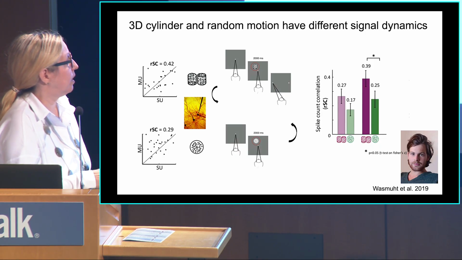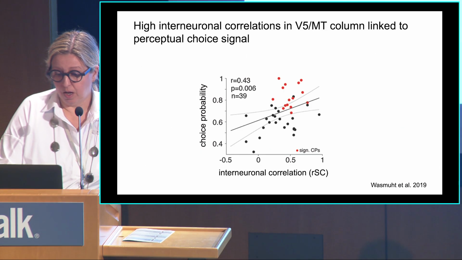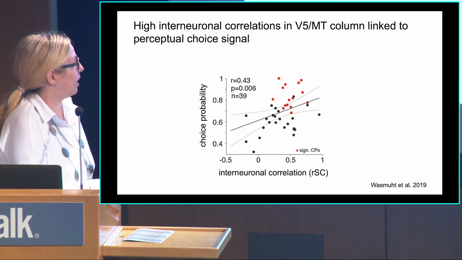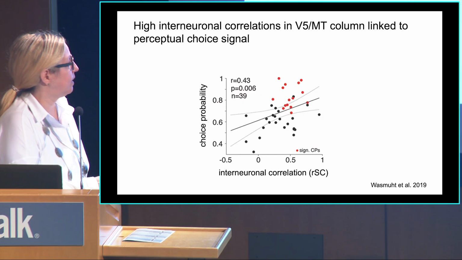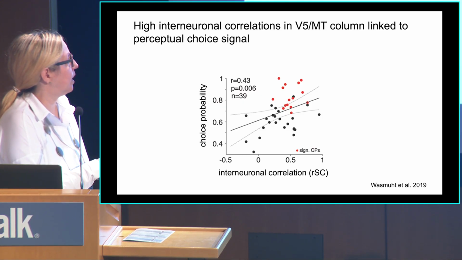And this holds across the sites for 2 animals, particularly when the sites are strongly tuned. And when we look at this shared noise, the local interneuronal correlations, where the single and the multi-unit are more strongly linked, the single unit has a closer link with perception, again, as choice probability.